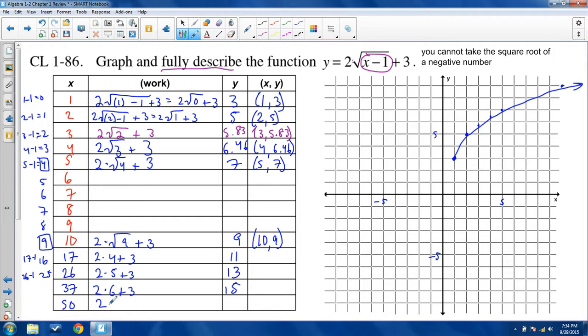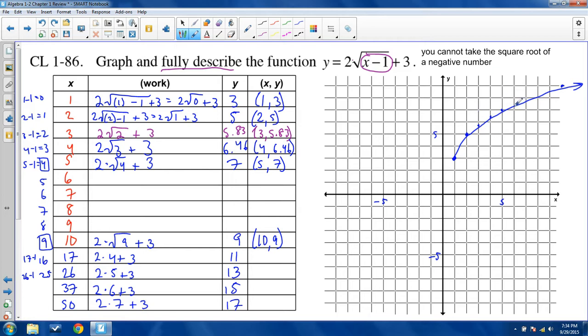And 2 times the square root of 49, 50 minus 1, is 7, plus 3 is 17. So I'm getting integer points. Now the problem is I can't really graph them here unless I changed my scale. If I made this 10, 20, 30, 40, 50, etc., then I could do that. But I didn't.